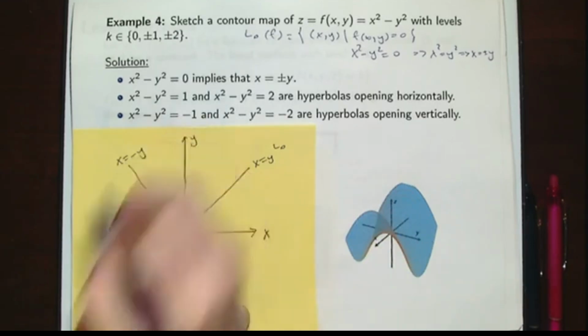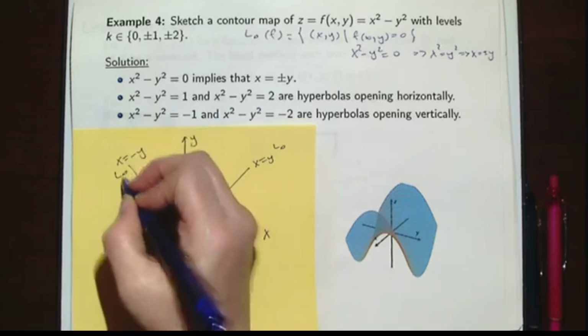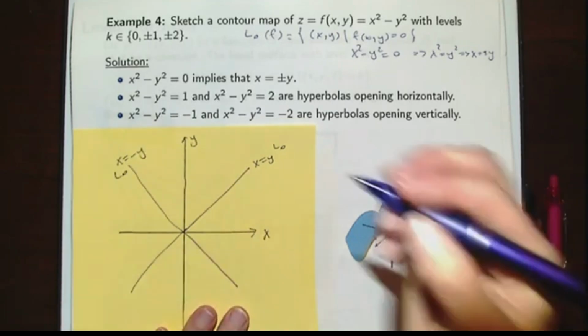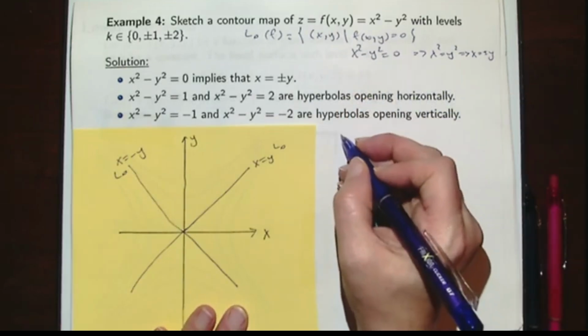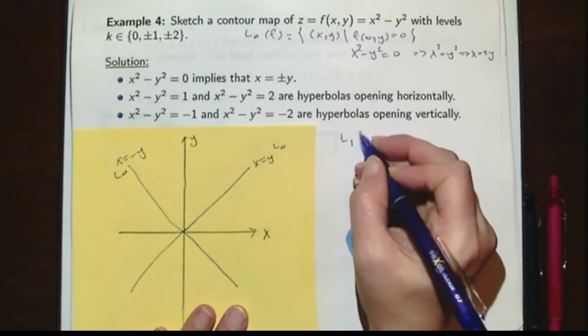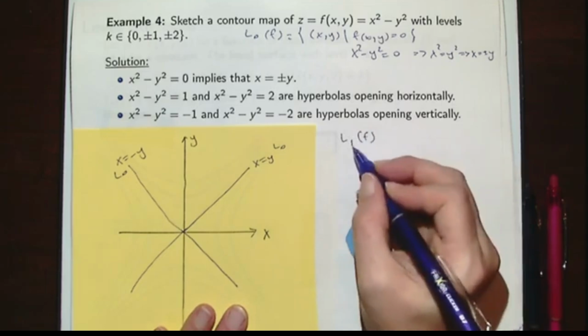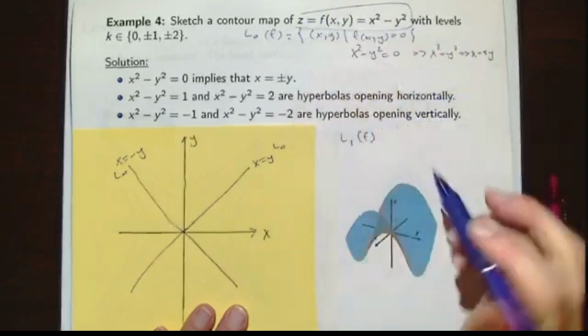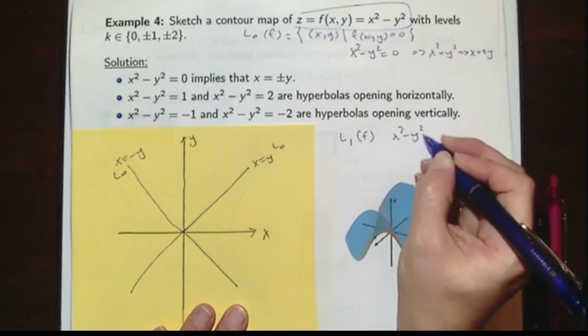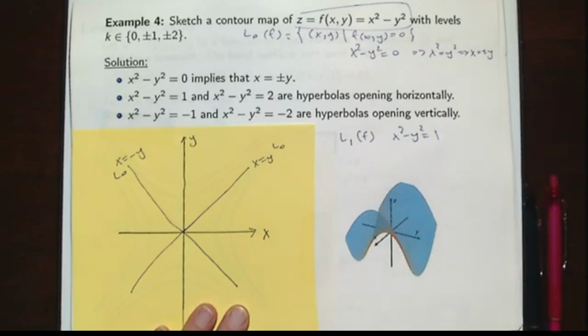X equal to negative y. Again, L0. Now let's do one more level curve. L1 of f. Set this equal to 1.